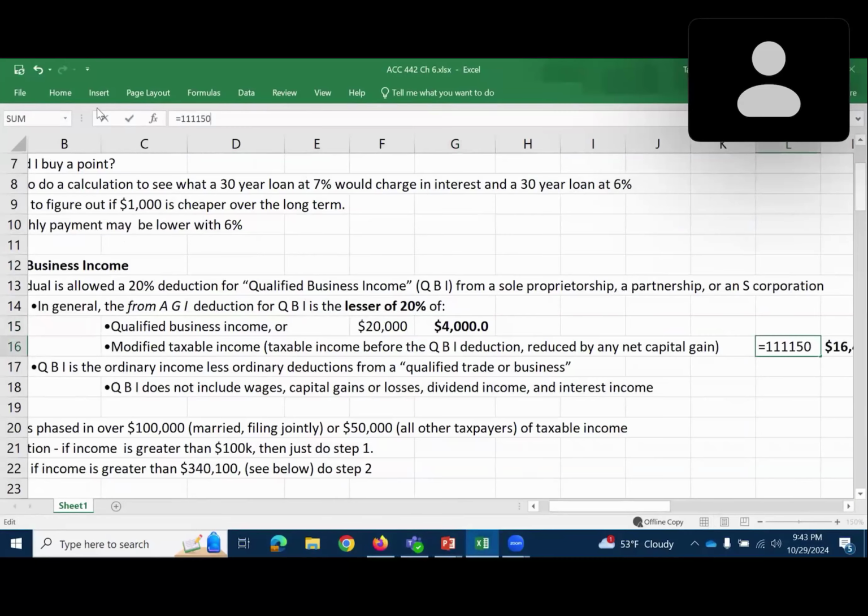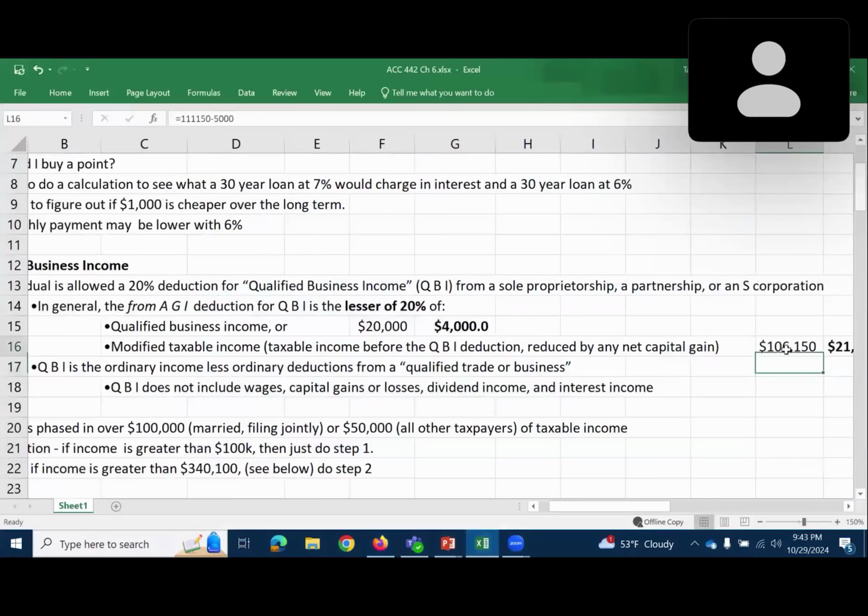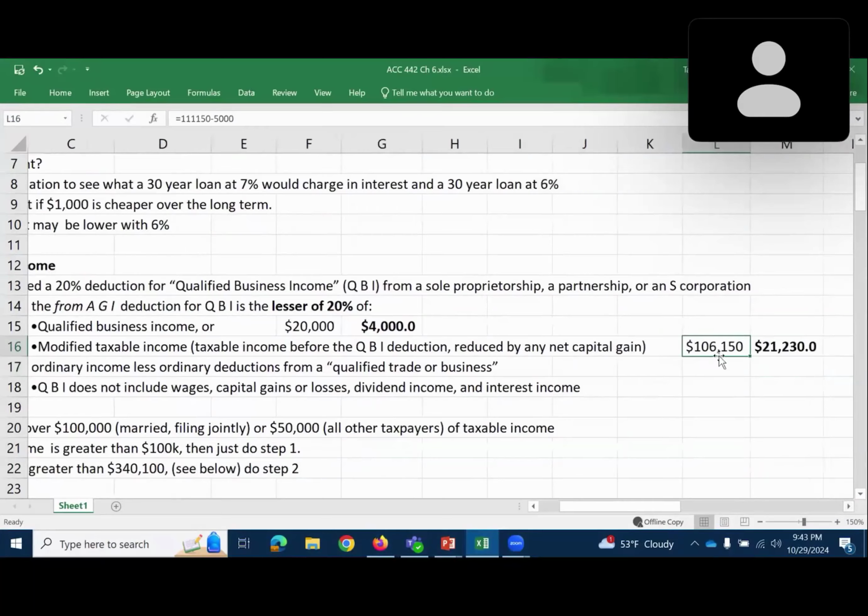I have to subtract out any capital gain, which I had a $5,000 capital gain. So 111,150 minus $5,000, I get 106,150. I multiply that by 20%, I get 21,230.